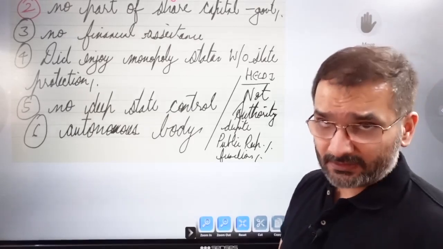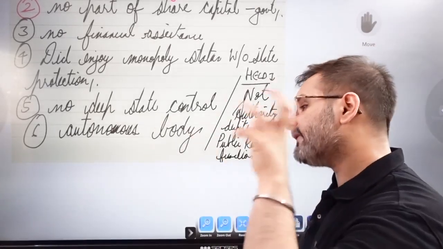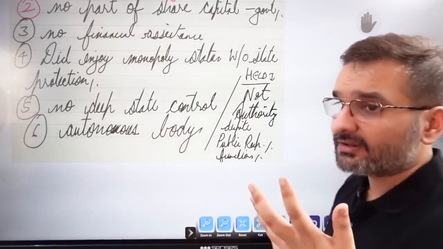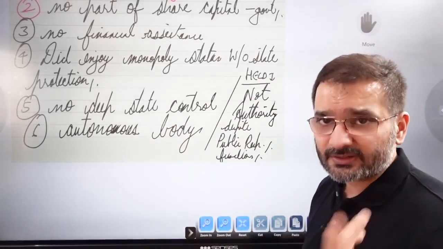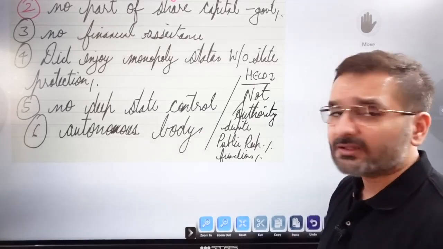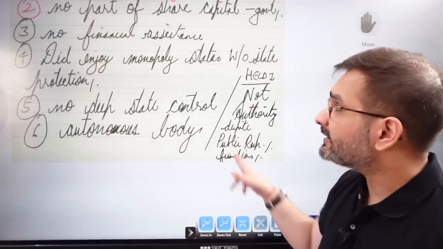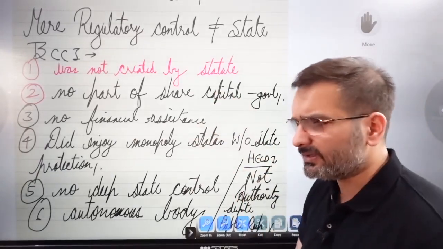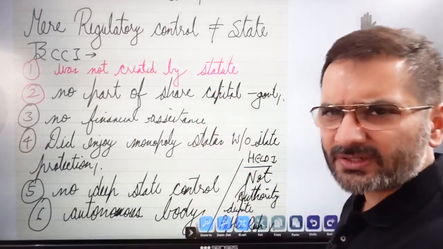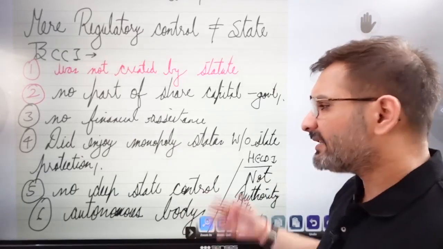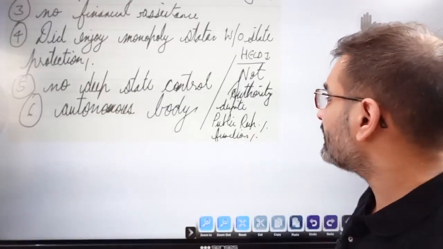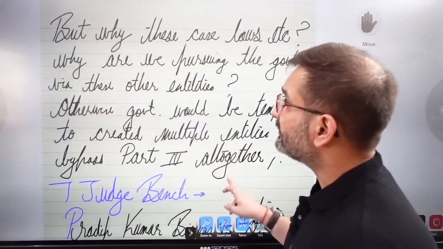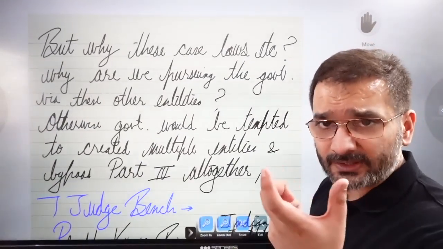Therefore, it was held, even though it discharges a function of almost controlling the entire game of cricket in India, which is a significant revenue generator as well, it still is not state because there is no government ka paisa, there is no government involvement. Even though yes, government supports it slightly, it's just not state because it cannot be said to be an instrumentality of the state. So that word is important.